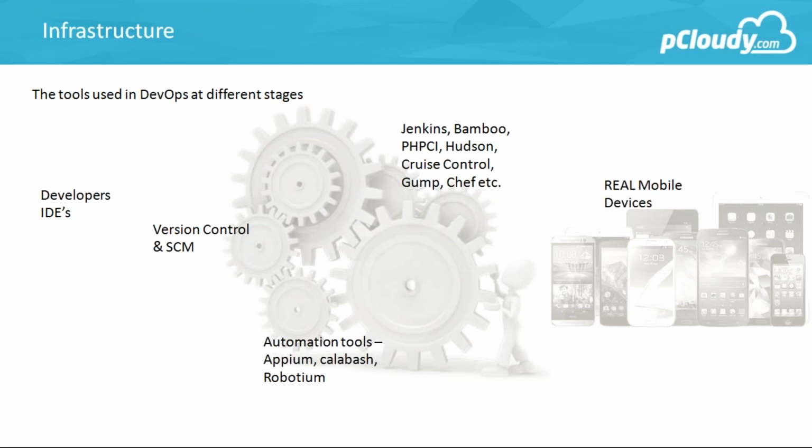This is what even pCloudy says: the testing has to be done on the real devices for its own reasons. First and foremost, the application which you are developing is not going to be used by your customers on emulators. They'll be using that application on the real devices. So you'll have to make sure that you actually test on the real devices.